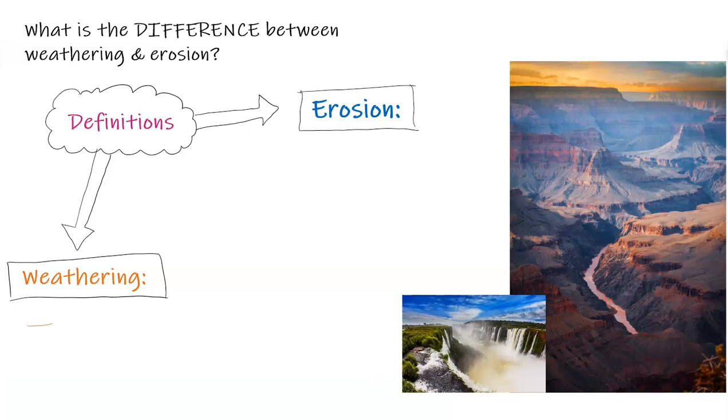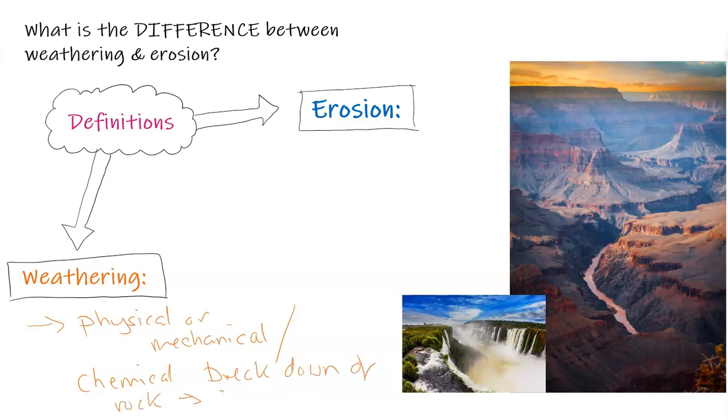So, definition of weathering is the physical or mechanical, or chemical breakdown of rock into smaller pieces, and these are called fragments, or in more general terms, sediments. So the chemical is where you'd probably change the composition.